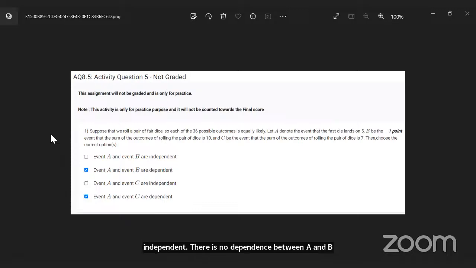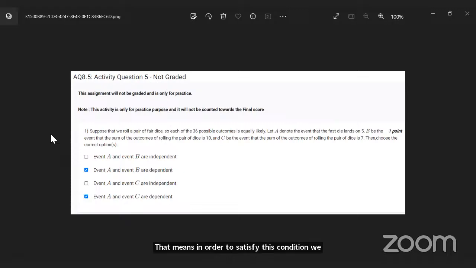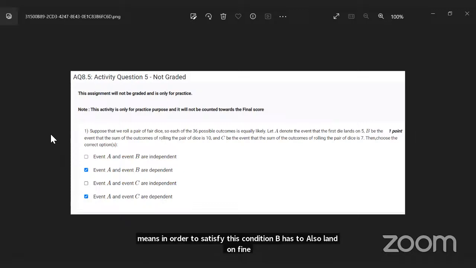Okay. But here they are saying that A lands on 5 and B is the event that the sum of the outcomes of rolling the pair of dice is 10. That means in order to satisfy this condition, the other die also has to land on 5, because A has landed on 5.